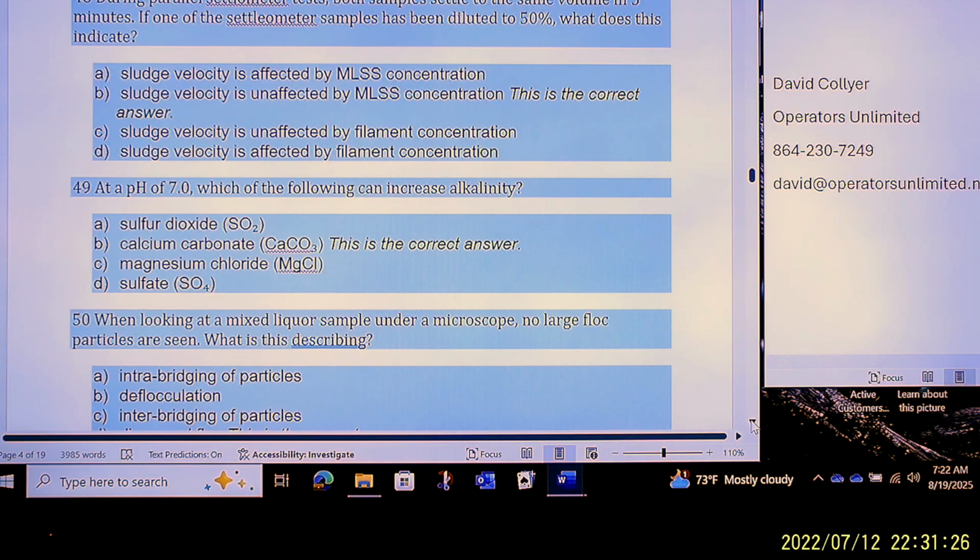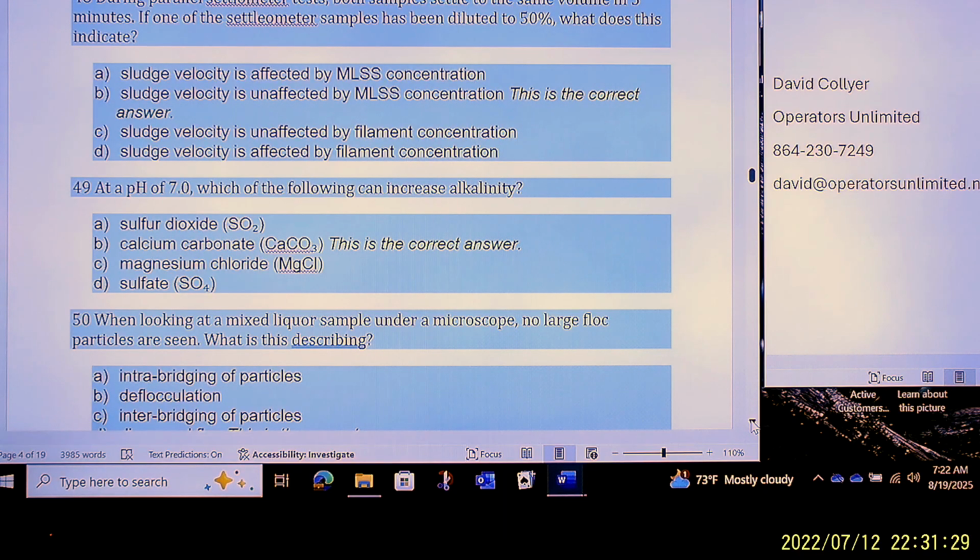Number 48. During a parallel settleometer test, both samples settle to the same volume in 5 minutes. If one of the settleometer samples has been diluted to 50%, what does this indicate? A, sludge velocity is affected by mixed liquor suspended solids concentration.